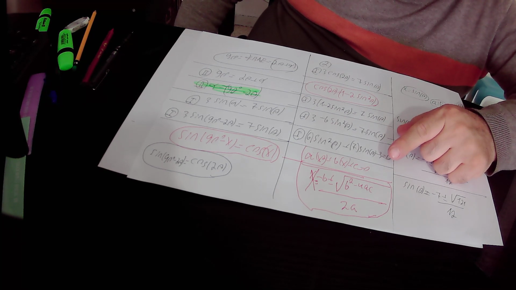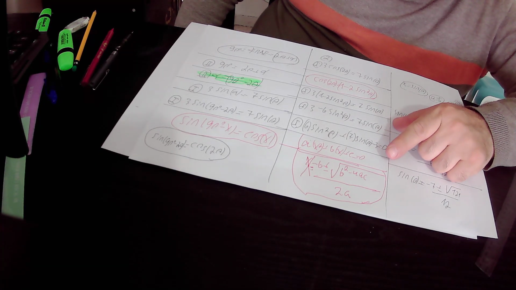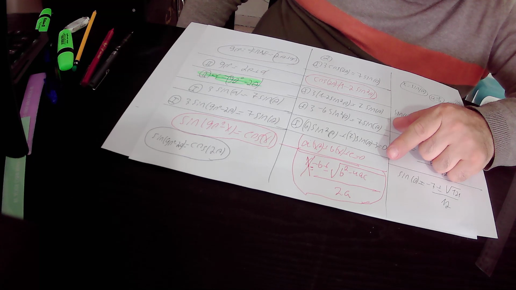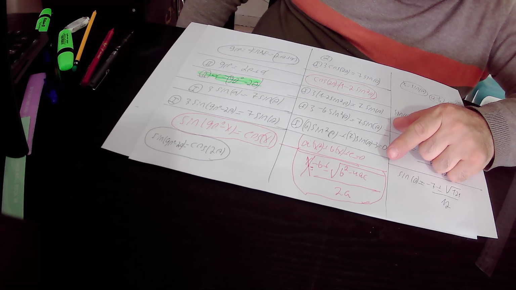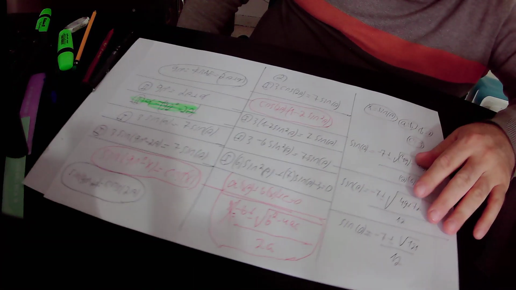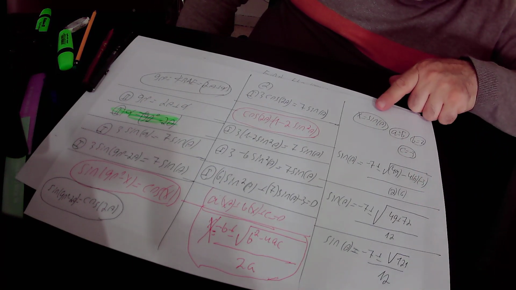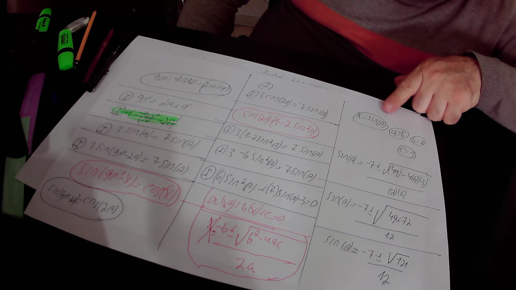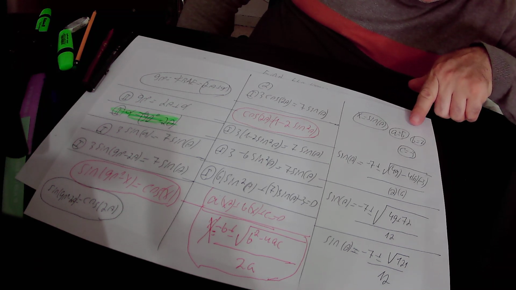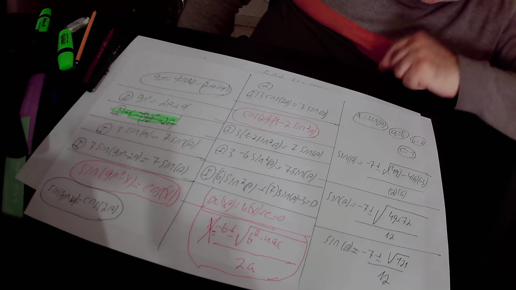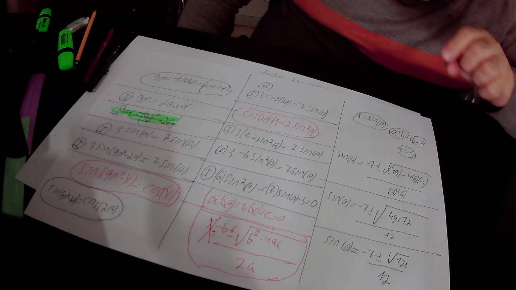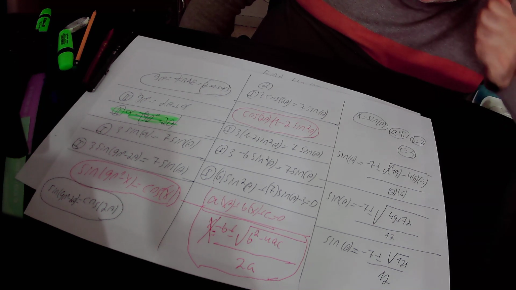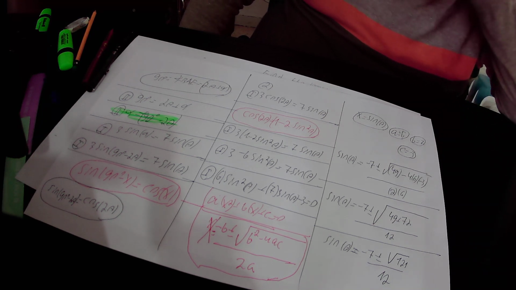And we will find the value of x according to the following formula: x equals minus b plus or minus the square root of b squared minus 4ac, over 2a. In this specific equation we know that x equals sine theta. It is the variable that we are looking for. a equals 6, b equals 7, and c equals minus 3. So we put the data inside this formula for x in order to find the value of sine theta.